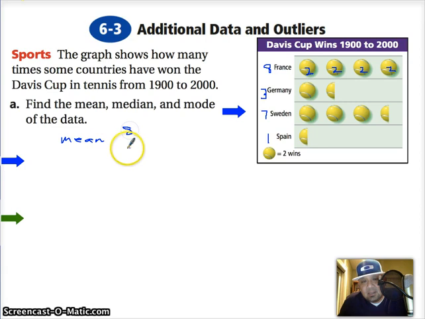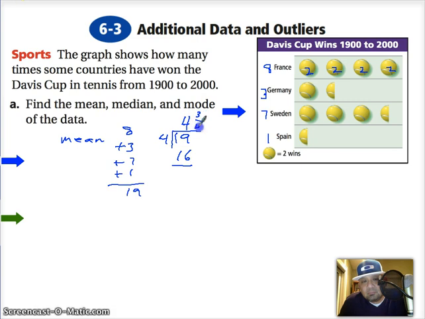So it's 8 plus 3 plus 7 plus 1. 7 plus 3 is 10, plus 1 is 11, plus 8 is 19. Then we have 19 divided by the number of values, which is 1, 2, 3, 4. We know it's close to 5, but it's not quite, so it's 4 3/4. Okay, so the mean is 4 3/4.